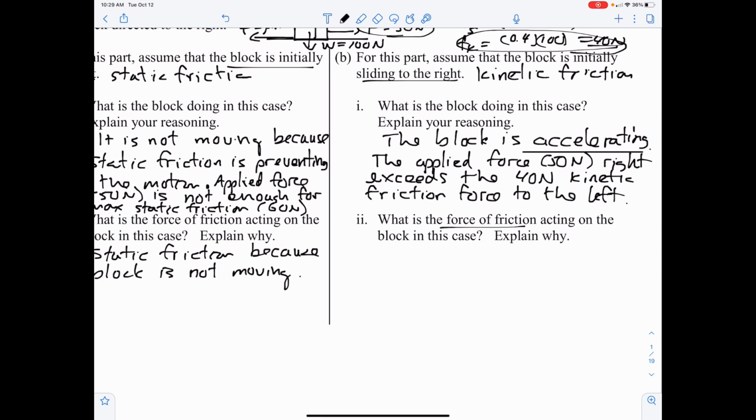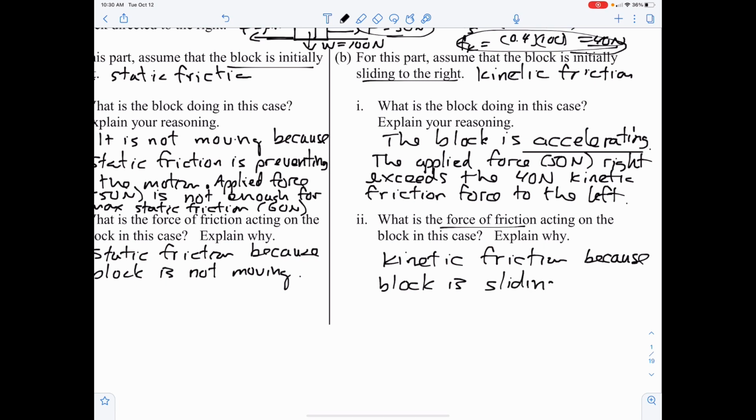Well, it's kinetic friction, because the block is sliding over the surface.